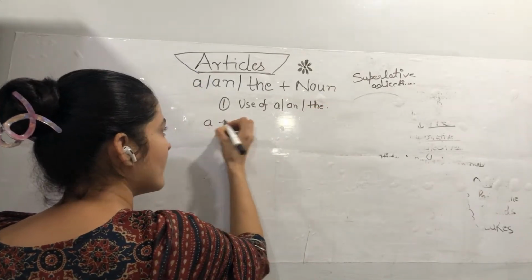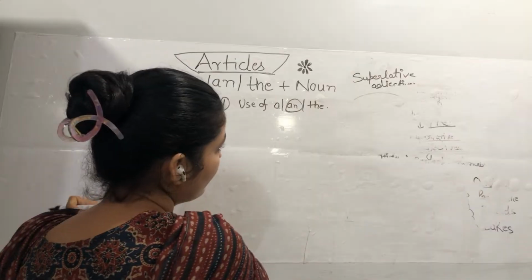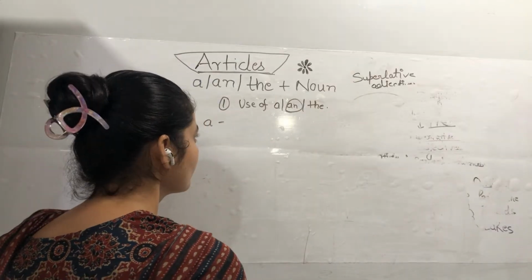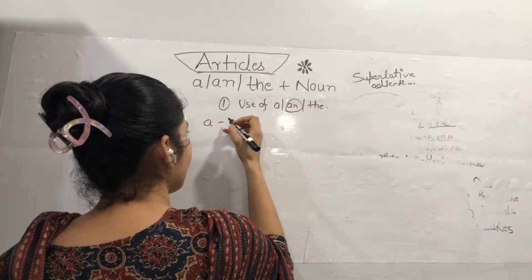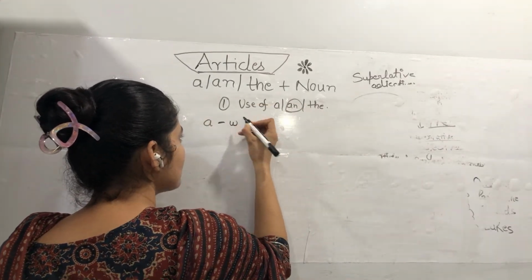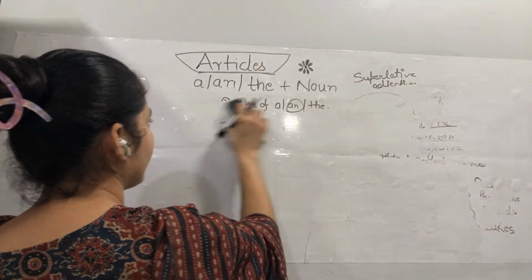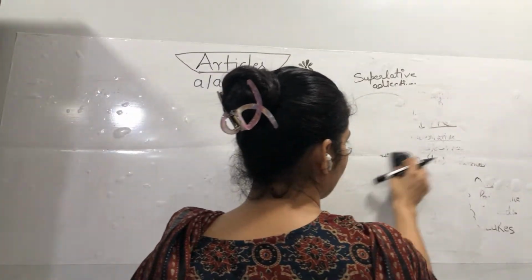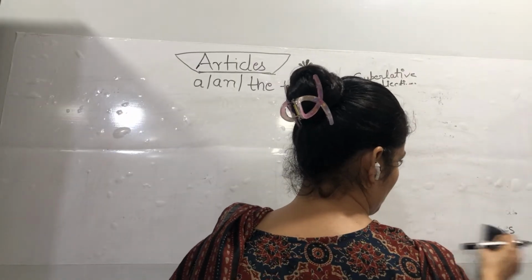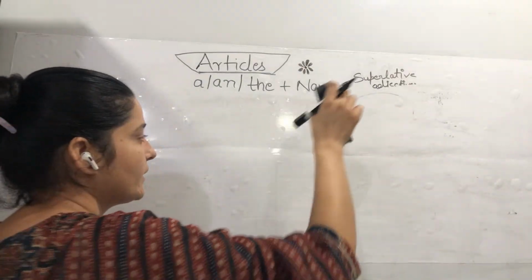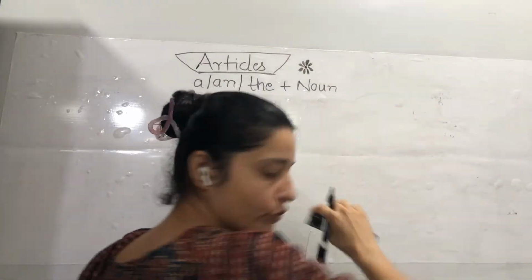A is used, and I'll tell you later, it's simple. It depends on the phonic sound of A, E, I, O, U. I can write rules so that if you want to note it down, you can note it clearly. So we can make it in the form of rules.